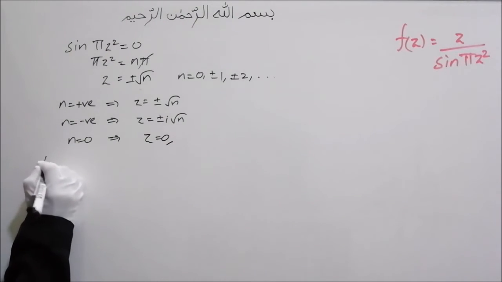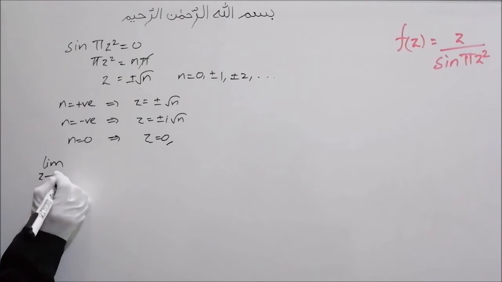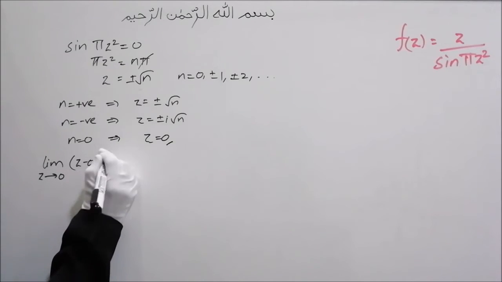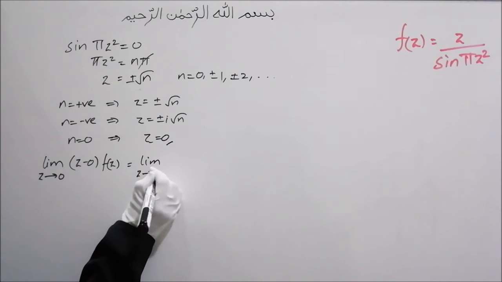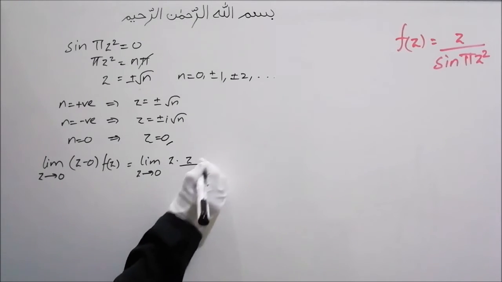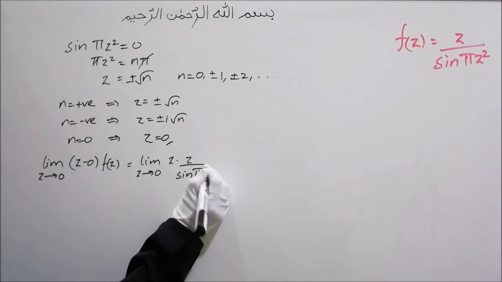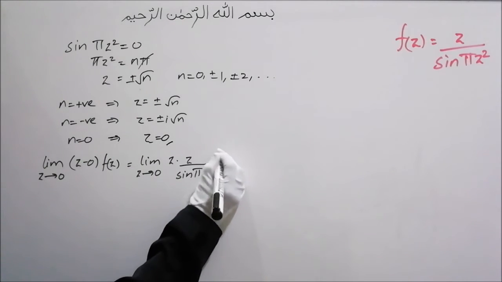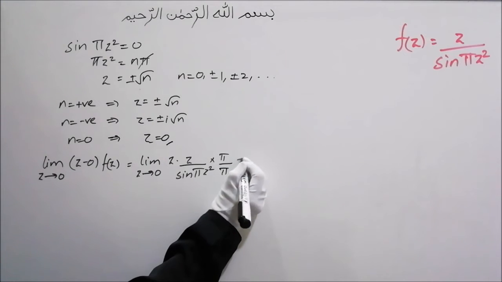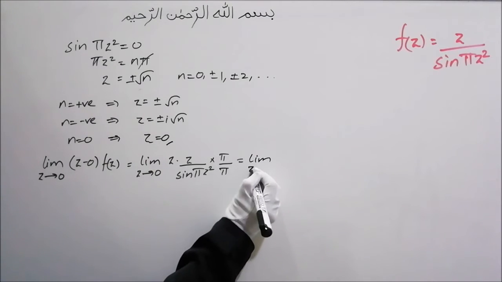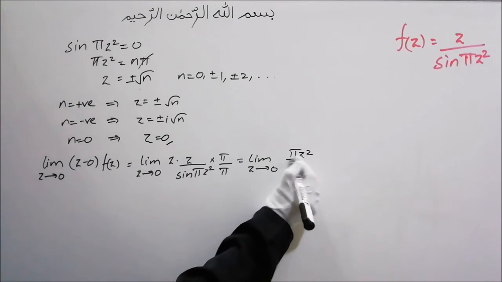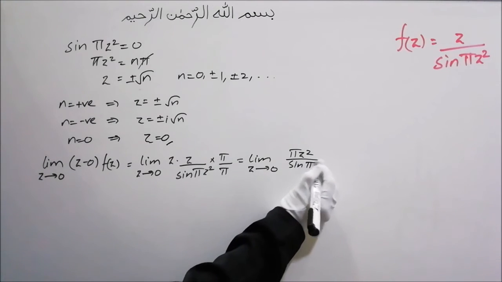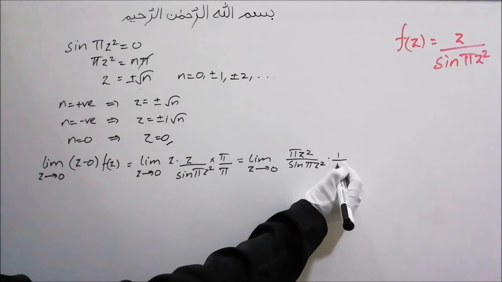Now let's find the limit z tends to 0, z minus 0 into f of z. That will be limit z tends to 0, z into z upon sine pi z squared. Multiply by pi and divide by pi, I'll get limit z tends to 0, we'll have here pi z squared divided by sine pi z squared into 1 by pi.